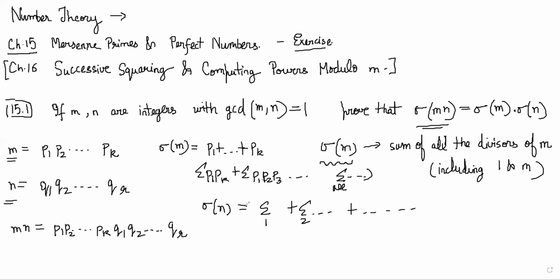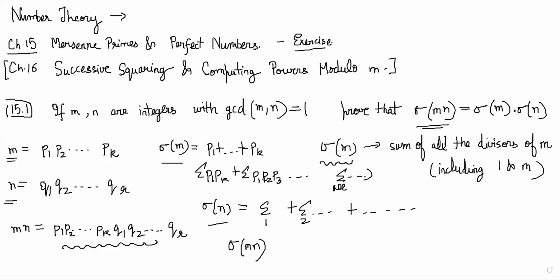Now I want to prove that sigma of mn is the product of these two things. So let's think about it. Maybe we have gone a little wrong here. I think it will be convenient if you do not write the prime factors, but write in terms of divisors.